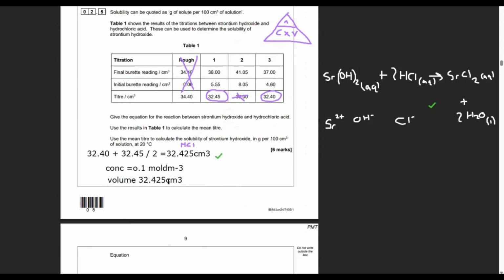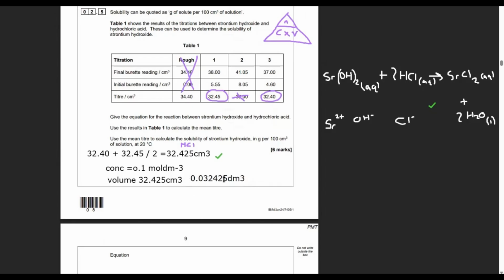I need to turn it into decimetres cubed, so I need to divide by 1,000. And that is going to give me 0.032425 dm cubed.